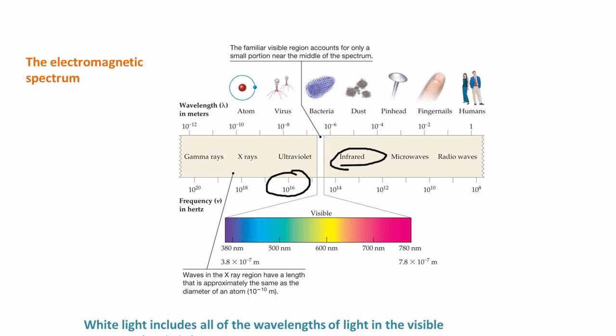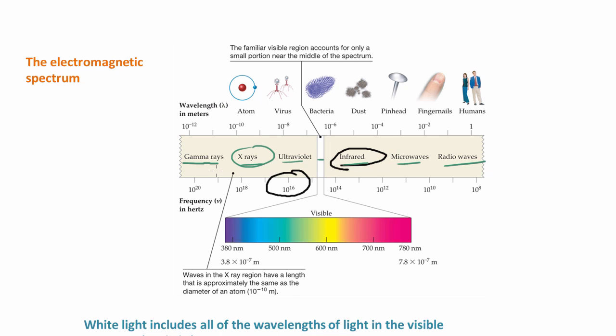ultraviolet light. So I would expect you to know these regions. And so we know that starting from left to right, we have gamma rays, X-rays, ultraviolet, the visible region, infrared, microwave, and radio waves. And we see that the wavelengths increase from left to right. So for example, radio waves have much longer wavelengths than do X-rays. Also note that from left to right, the frequencies decrease.